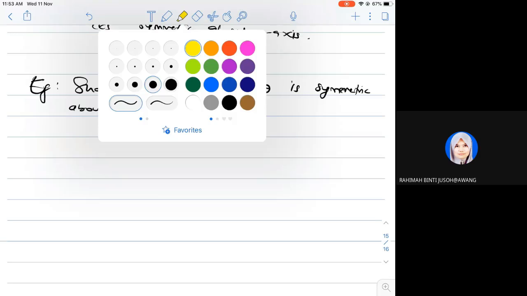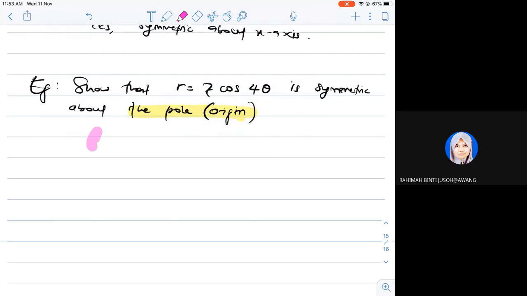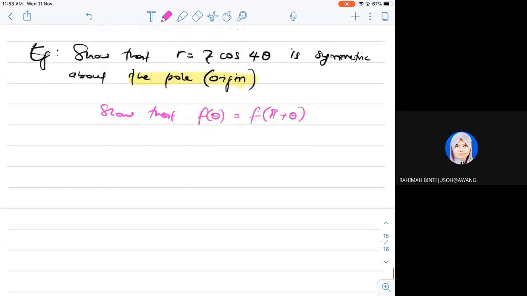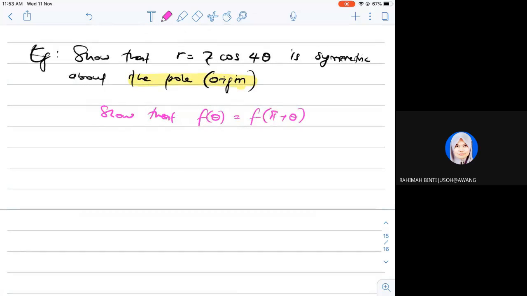So you should show that we need to show that f theta must be equivalent to f pi plus theta. Okay, we need to show that f theta equals to f pi plus theta.